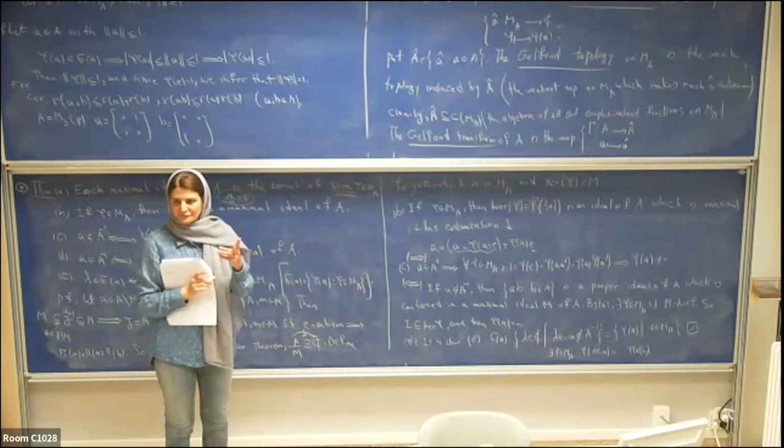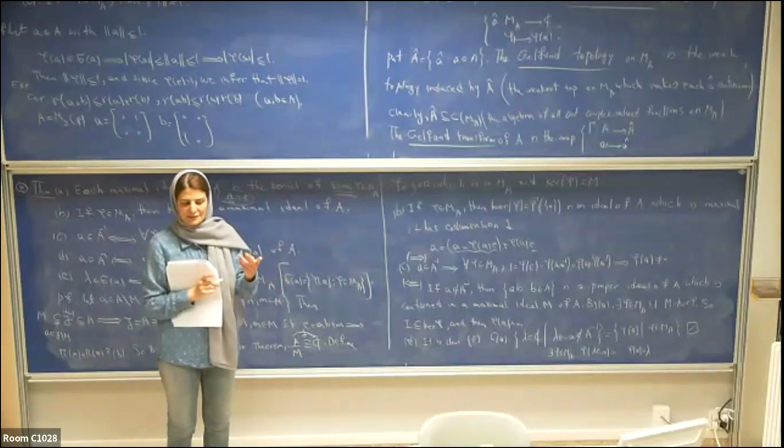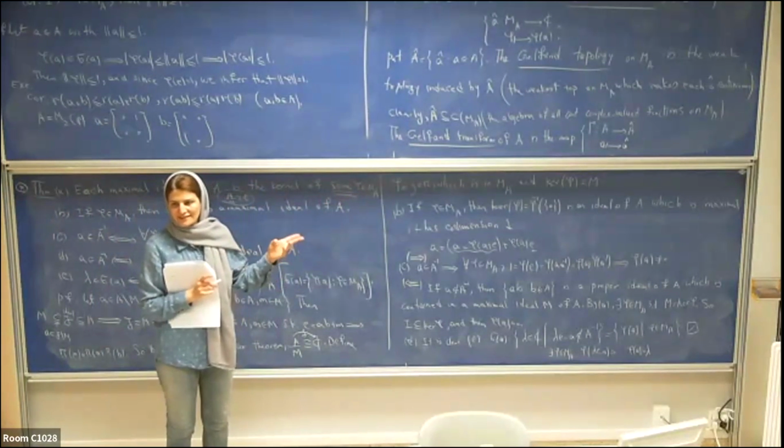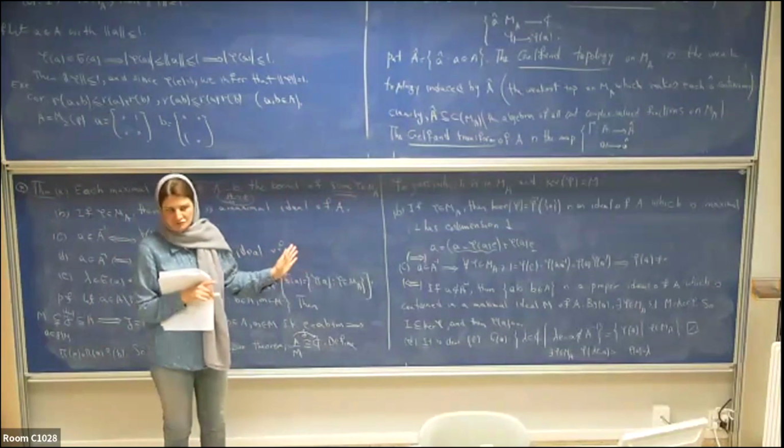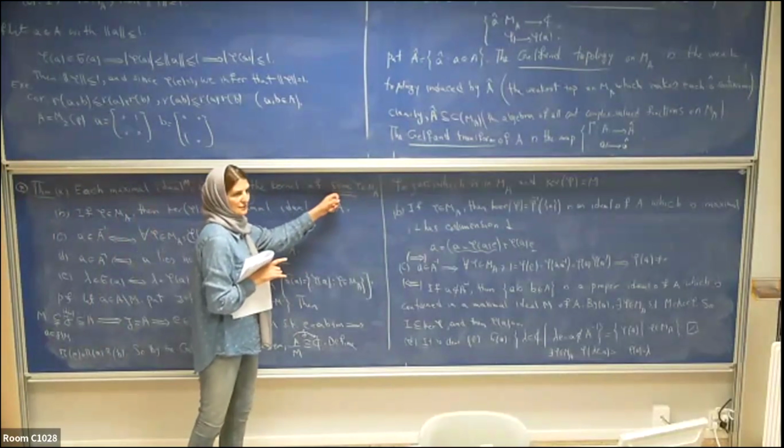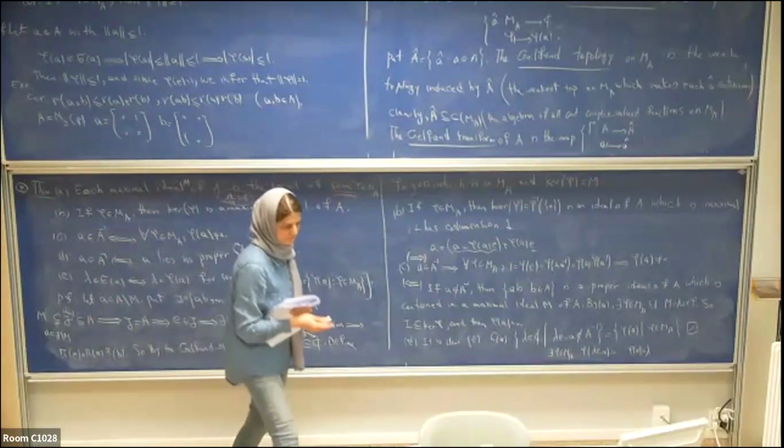It's a very easy exercise: if you have two linear elements in M of A with the same kernel, they should definitely be the same character.